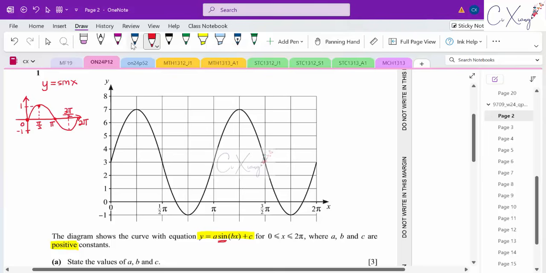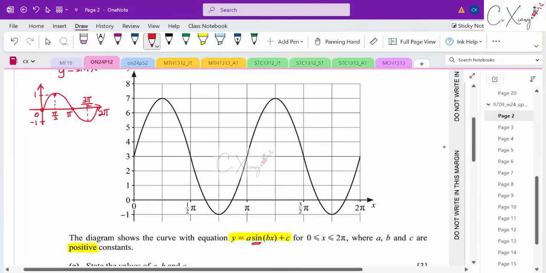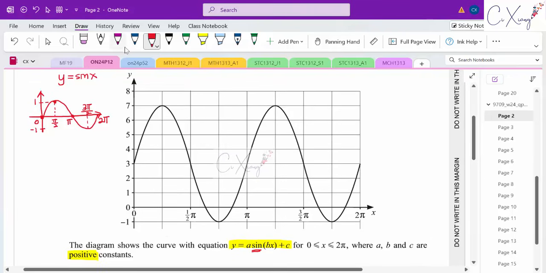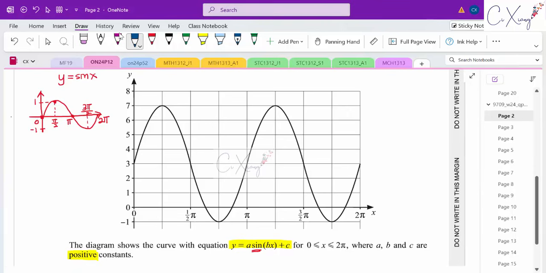One more thing worth figuring out is the amplitude, or the distance. Usually I tell students that there's a center line for the sine graph.